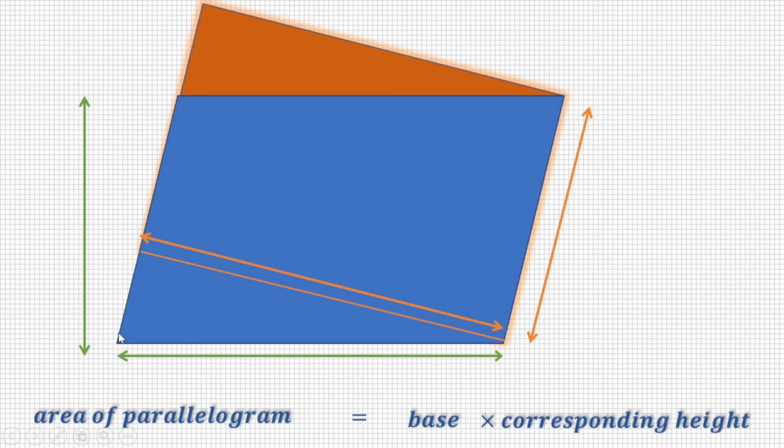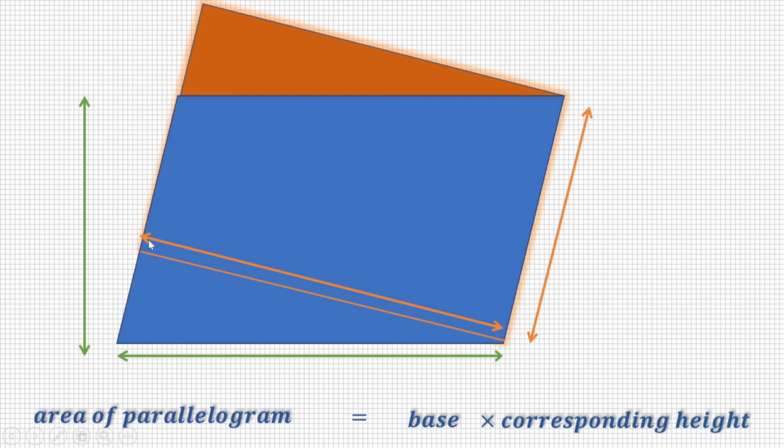So there are two ways to find out the area of this parallelogram. Either multiply this with this or this with this. So in general, we can say this and this are called base and height to this base, and these are called base and height to this base. So area of parallelogram is base into corresponding height.